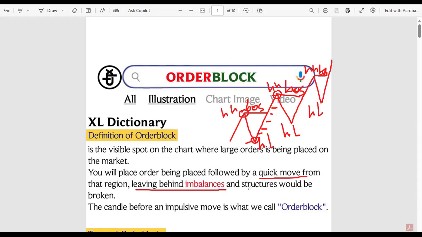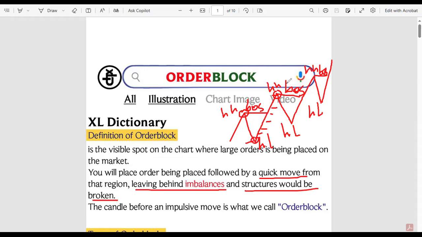The last thing is that structure must be broken. I've already explained this: a leg that breaks structure is a strong leg, and if an imbalance has been left behind, that means this leg is also strong, and it's going to be used as a point where price will come back and create a retracement.